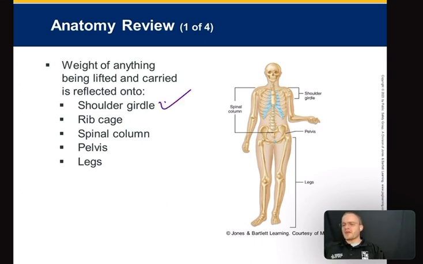Some could argue your wrists and hands as well. Oddly enough, your rib cage, right? Because your torso has to engage, especially your abdominals and your core. Certainly your spinal column, okay? Your pelvis and your legs, okay? So there's a lot of ways that picking someone up could be transferred into your body, the distribution of weight. So just keep that in mind.